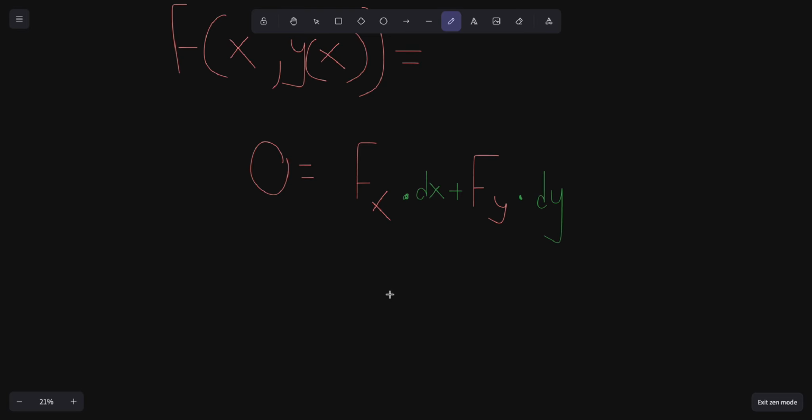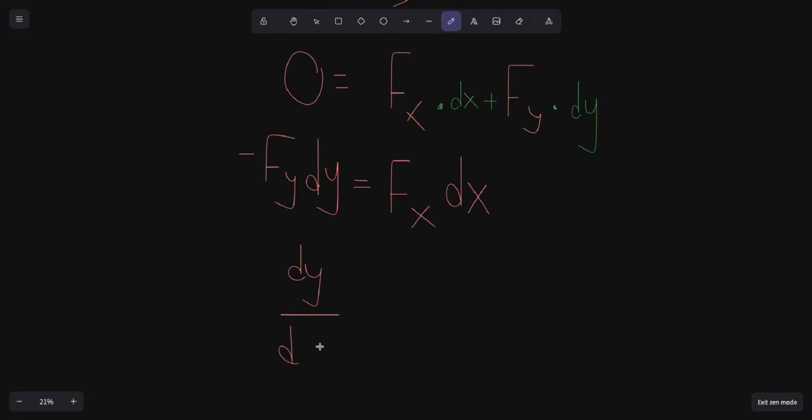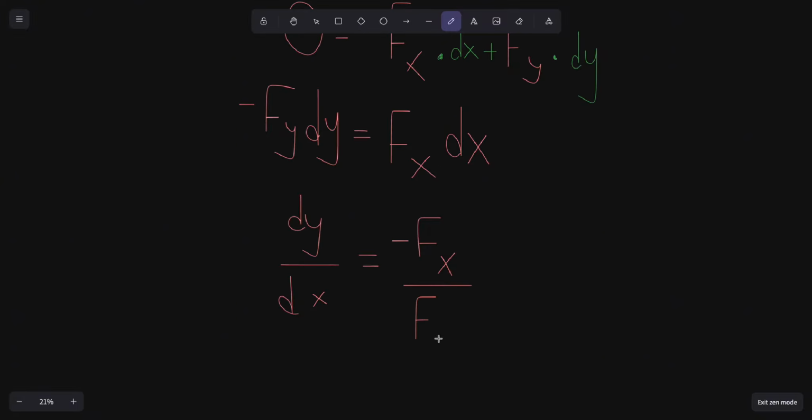We're setting it to some constant. And so if I want to isolate dy over dx, well, what I can do is subtract f subscript y dy. So dy over dx is going to be equal to the partial with respect to x divided by the partial with respect to y, and we have the negative sign in front, okay?